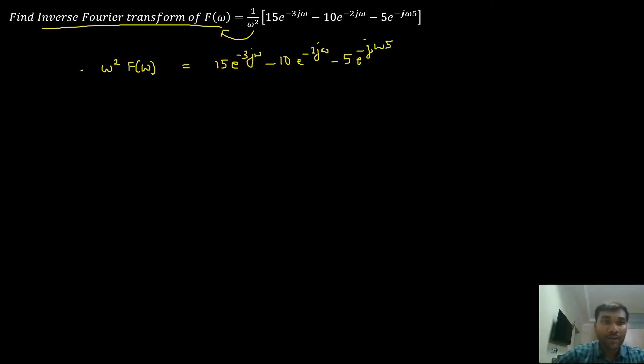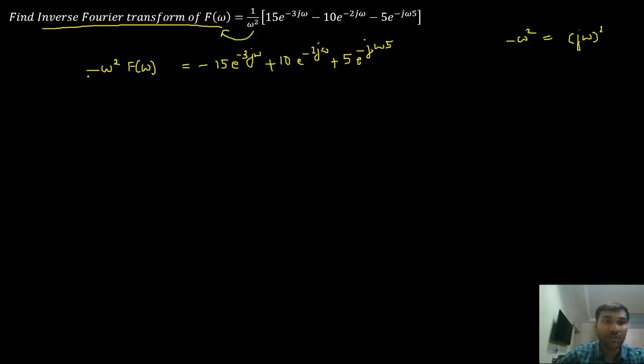Now I'll introduce a negative sign here, and a negative sign here also. I'm just multiplying it by negative 1. So minus omega square. How can I write minus omega square? Minus omega square is nothing but j omega whole square, right?